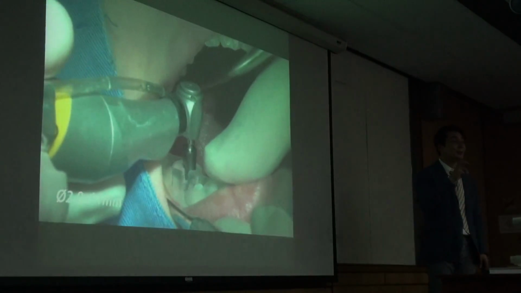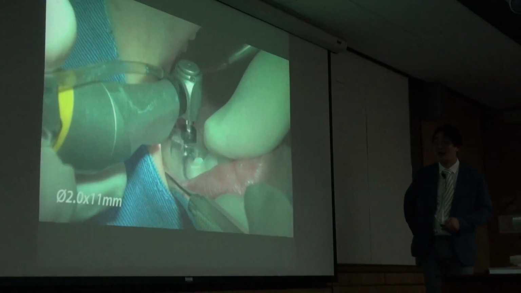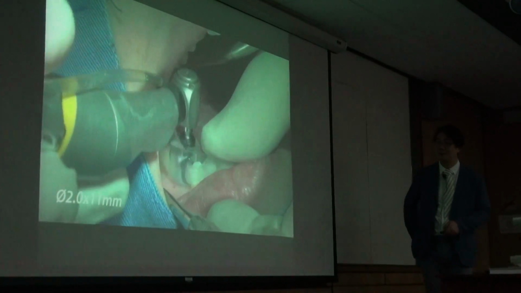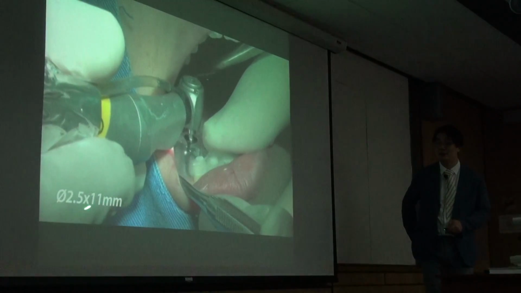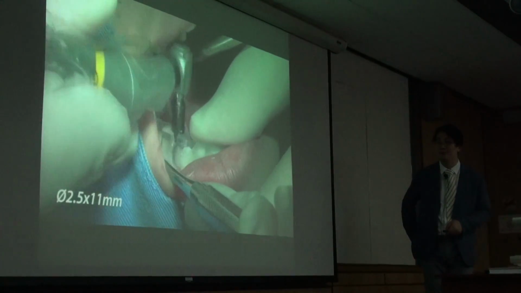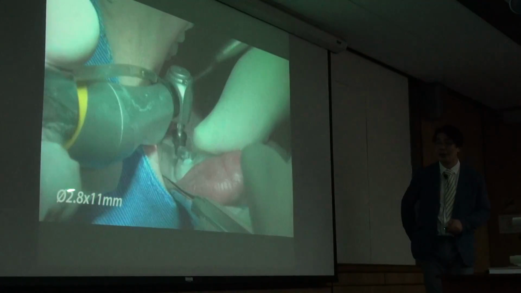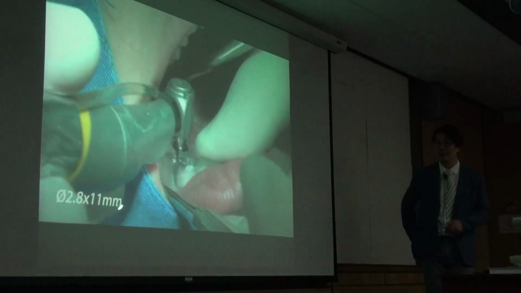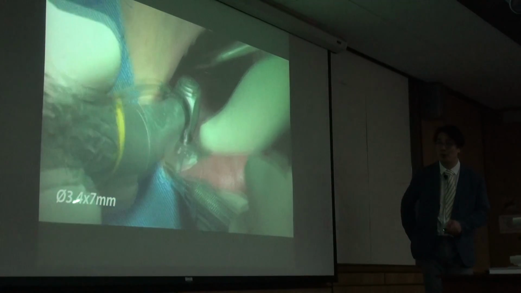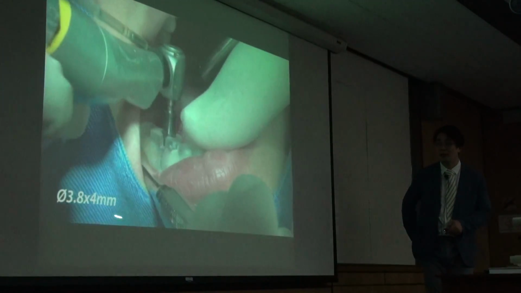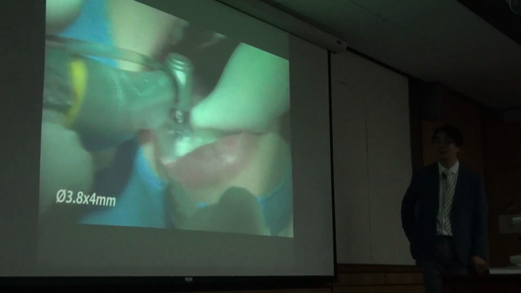After that, drilling is very easy. I jump to the 11, and increase the drill diameter: 2.5 and 2.8. This is the final depth. And decreasing the length: 3.4, and 3.8 by 4.